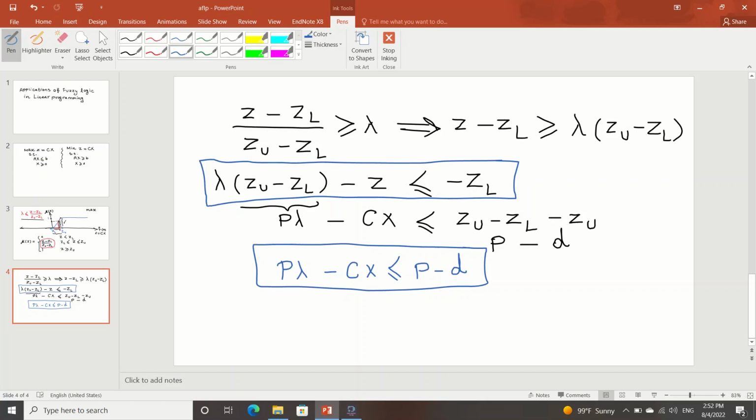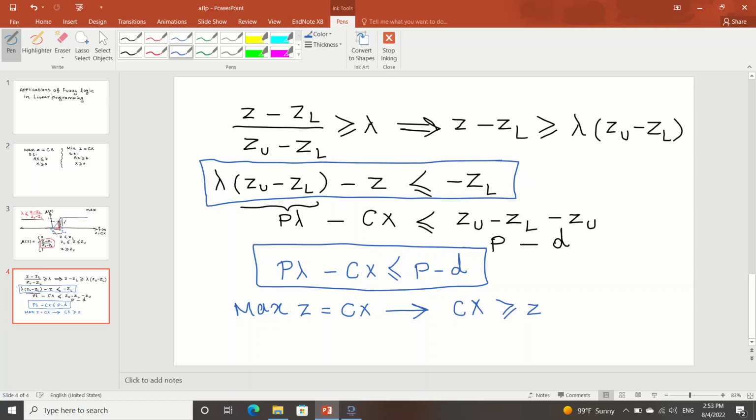If you have a maximum objective function, you can convert this to an inequality or constraint similar to this that you see.